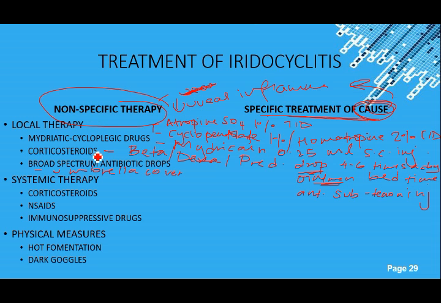That's the idea here. Then systemic therapy, again the same corticosteroids. You're going to give beta, dexa, prednisolone. Now it's normally daily therapy for roughly about 2 weeks.